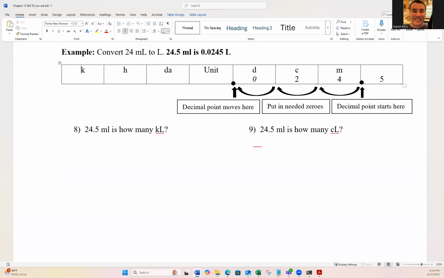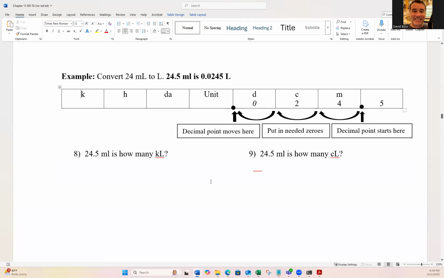Okay, let me see here. Okay, so this one, we're moving milliliters to how many kiloliters.